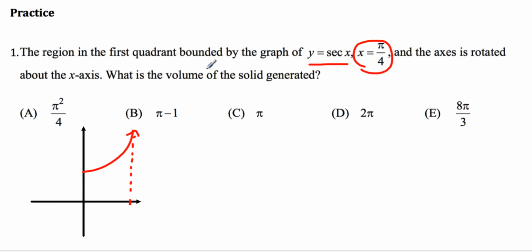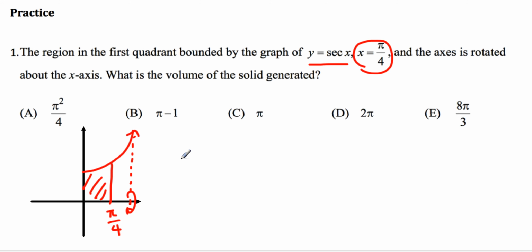So pi over 4 would have been somewhere a bit before that. Now it has been rotated about the x-axis in this way. Then we are looking at this area.